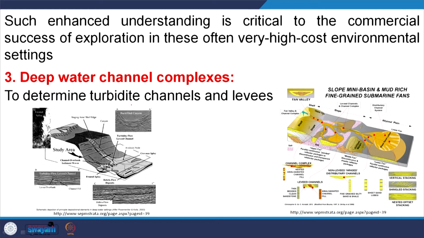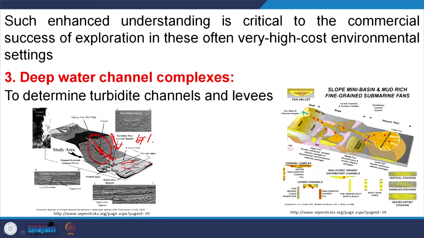Then the third is the deep water channel complex. We know we get deep water channel complexes mostly on these continental slopes. And if you remember our last class, when we were talking about oil field geomorphology, 67% of petroleum hydrocarbon comes from this hinge zone. So, here we have deep water channel complexes, we have the formation of turbidites, and the turbidite is deposited somewhere here.